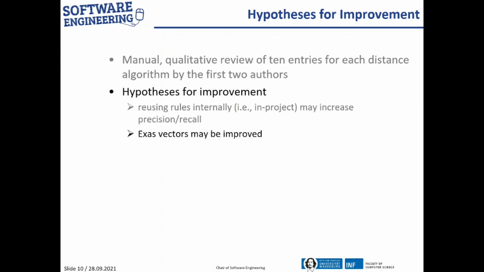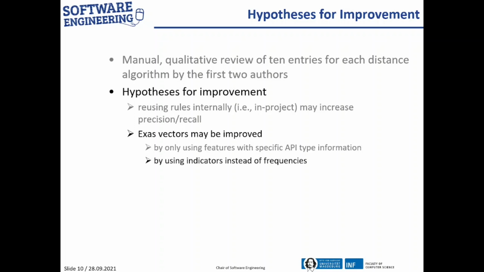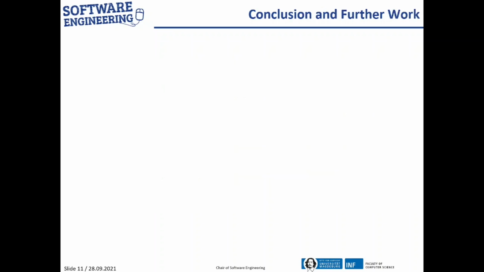And regarding the access vectors, we could improve the results by only using specific API information, not using frequencies but indicators as vectors, as well as further investigating, splitting, and comparing the subgraphs, which could further improve the results. And we also found additional hypotheses not mentioned here.